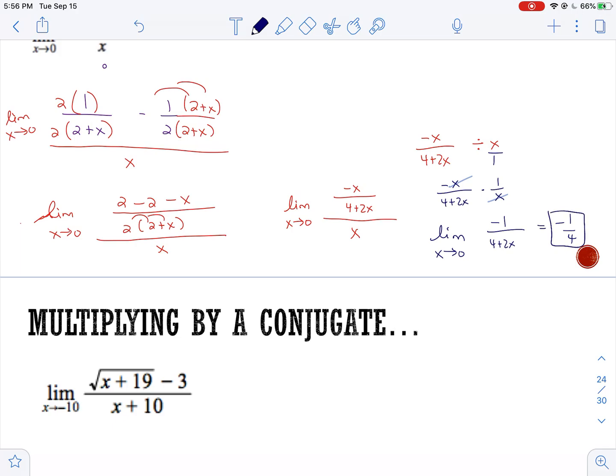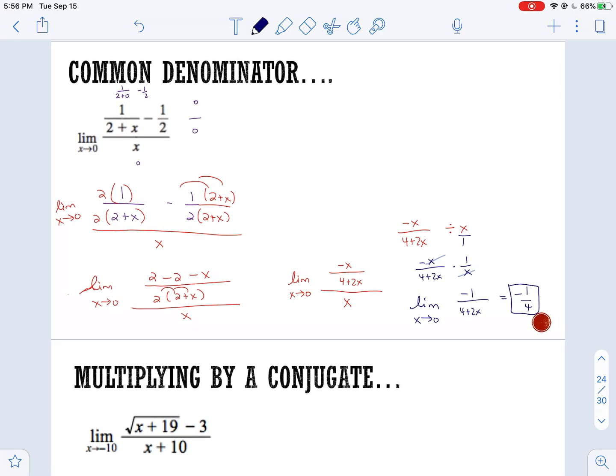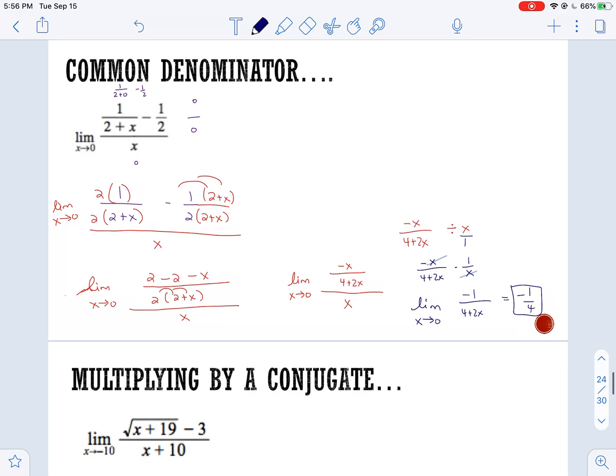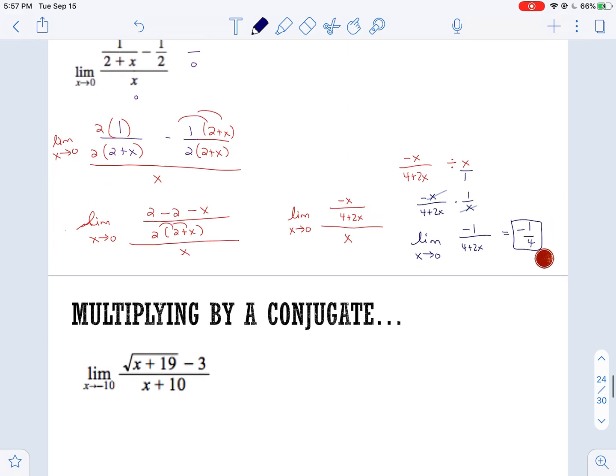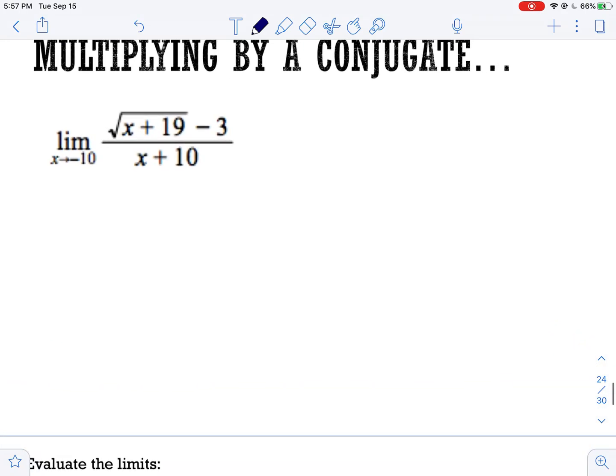Well, what happens if I plug in 0 now? I get -1/4. And we could check that if we were to plug that into Desmos and use a table, then that expression should get closer and closer to -0.25 as my x values are getting closer and closer to 0. So the common denominator is another option when trying to figure out limits.